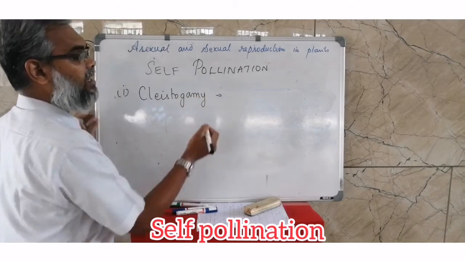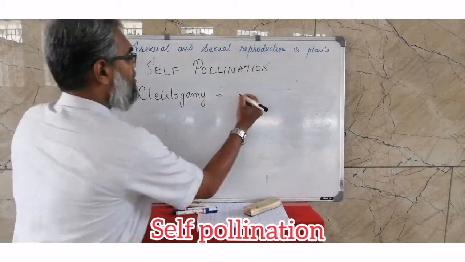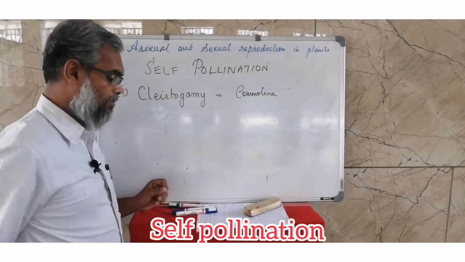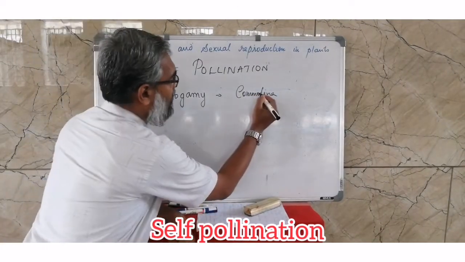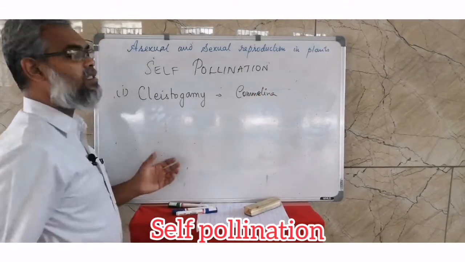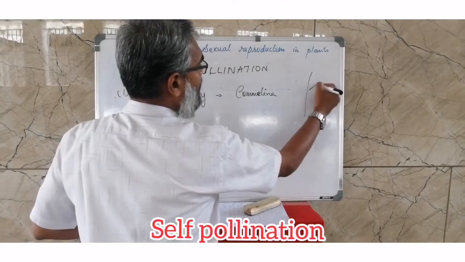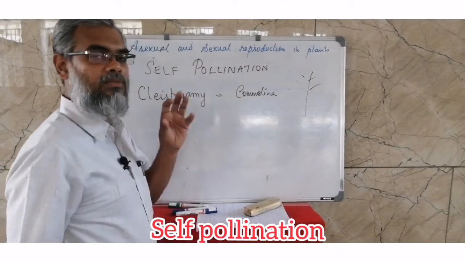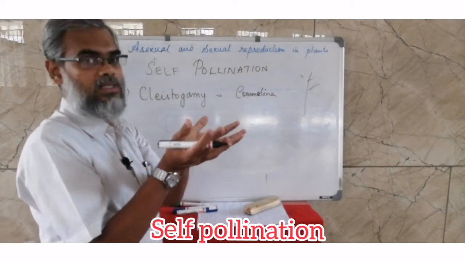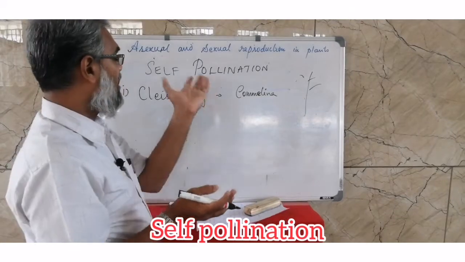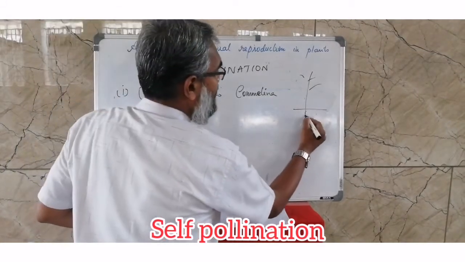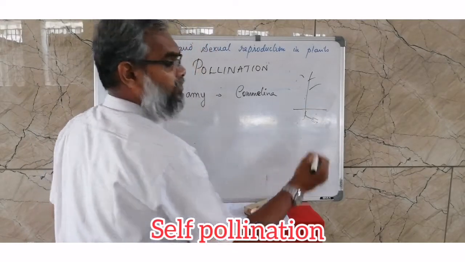When the flowers are closed, it is generally seen in Commelina. In this plant, the flowers present in the shoot system are open flowers, so the pollination is chasmogamous. But in the root there will also be flowers.